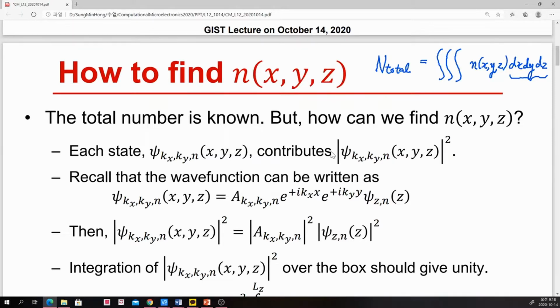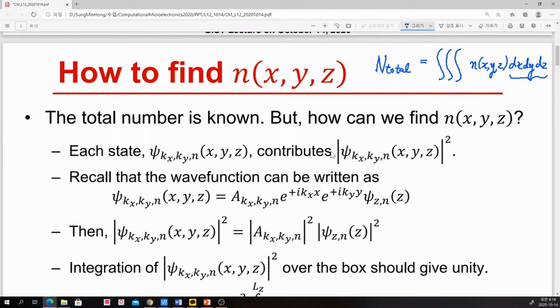We assume that we know the solver structure. When we say the solver structure, it is eigenvalue, eigenenergy, but also it means that we understand the eigenfunction. The wave function is known to us. So by using this information, please try to reconstruct the electron density.